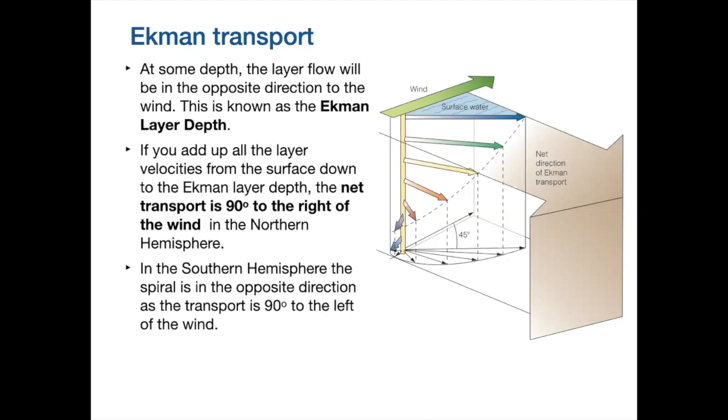So the net transport, which comes from integrating all the different arrows throughout that Ekman layer depth, as they spiral around to going back against the wind over that entire layer, the net transport, so the integral motion of that whole Ekman layer, is going in the northern hemisphere 90 degrees to the wind. So the net transport of this thick layer here is 90 degrees to the right of the wind in the northern hemisphere, and to the left in the southern hemisphere.